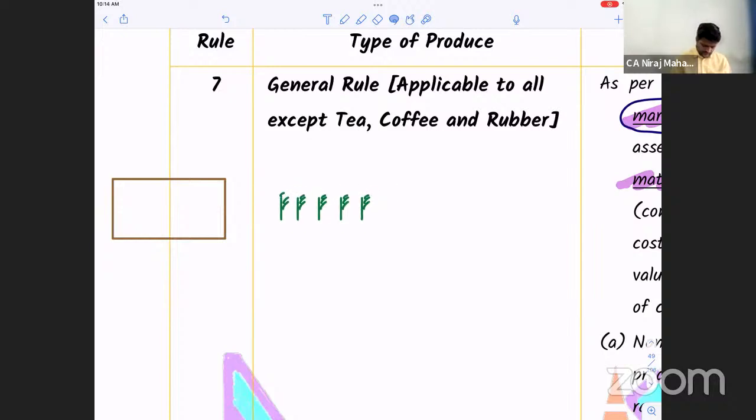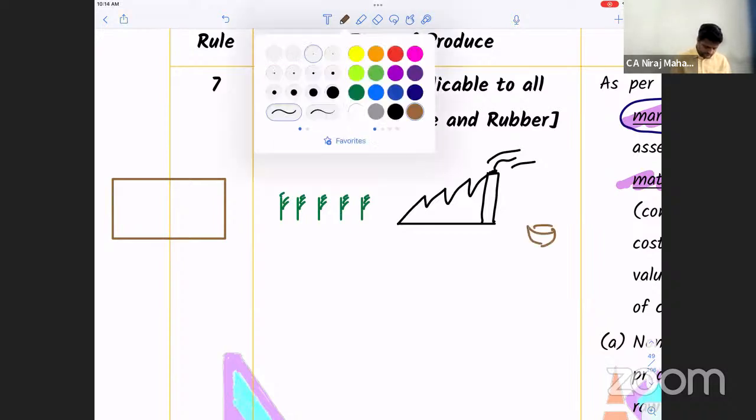I have a factory now. This looks like a mountain. It has a chimney here. And from that factory, we are getting a bowl of sugar.